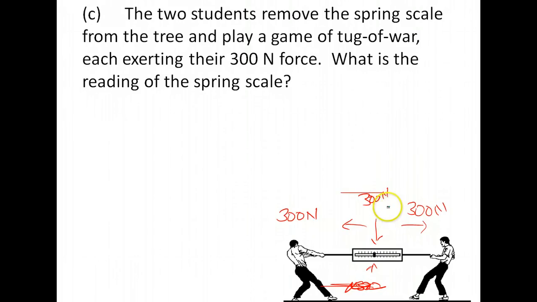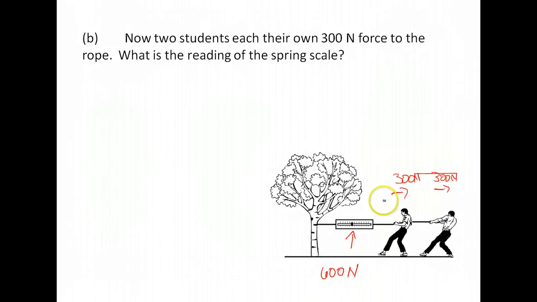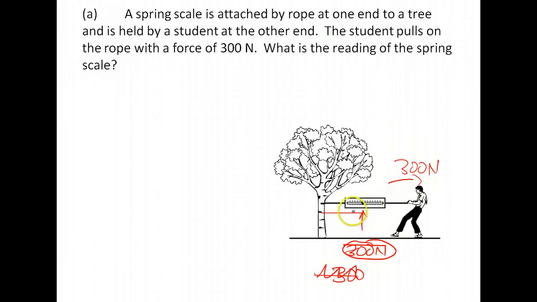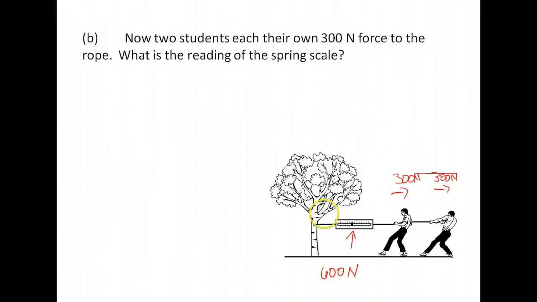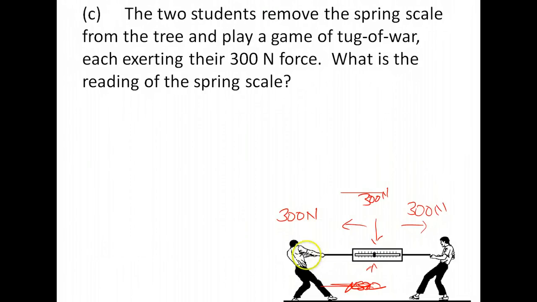Well, why is that? It's not similar to this situation. It's similar to this situation because the tree has to do an equal and opposite pull of 300 newtons of force. So this person is like the tree. If that person wasn't there pulling on it, then that spring scale would be going nowhere.